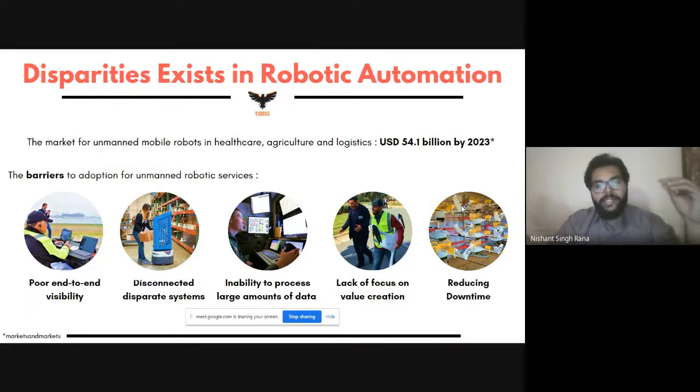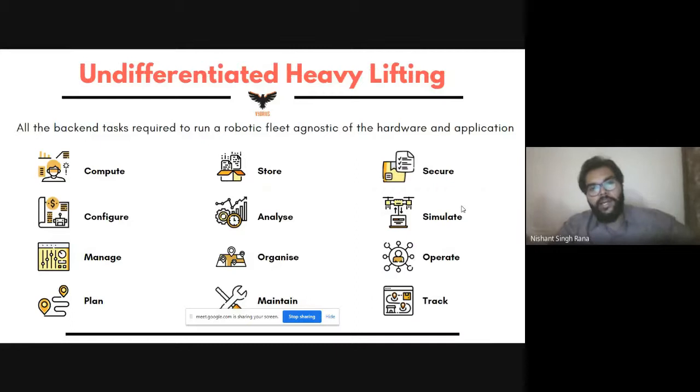Because the idea is to optimize these operations back and forth, not just the drone, not just the robot, but how it's going to be integrating with the real world workflow, how every single aspect of the drone delivery or the robotic operation can be unmanned. That is the basic criterion to understand how you will make it economically feasible, and move ahead with that.